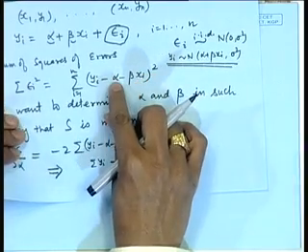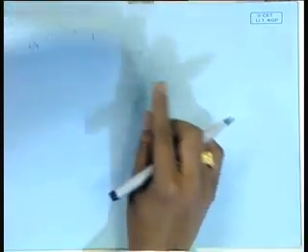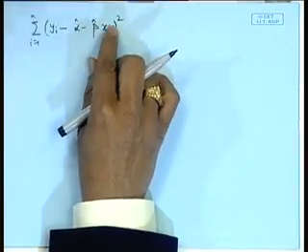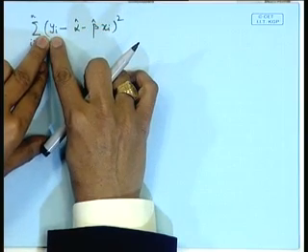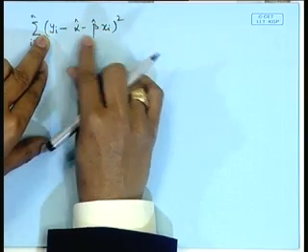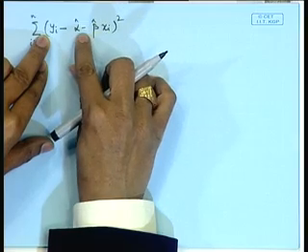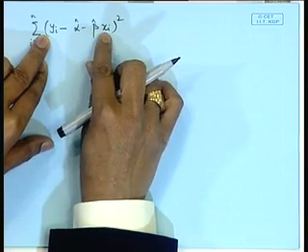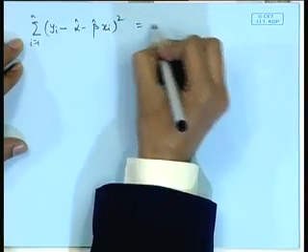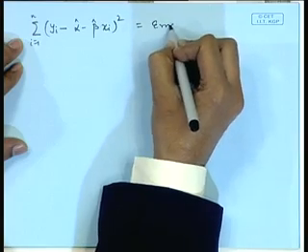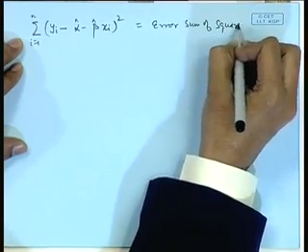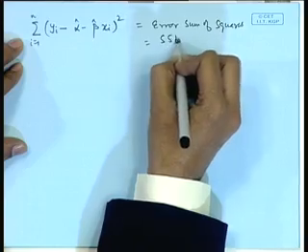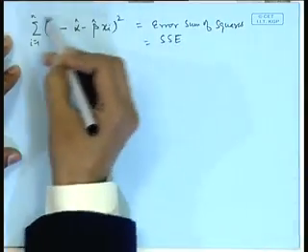Once I have estimated alpha and beta and I substitute, then this is my estimated value of yi. This small yi is the actual value which has been observed, whereas from the model I can estimate it to be alpha hat plus beta hat xi. So, this is actually the error sum of squares, which we call SSE.